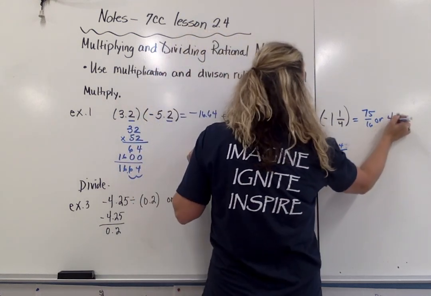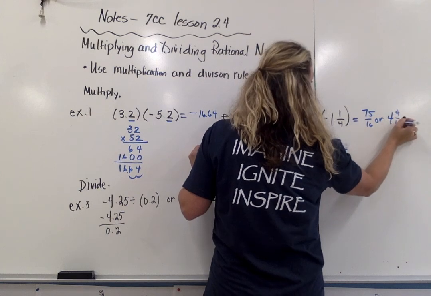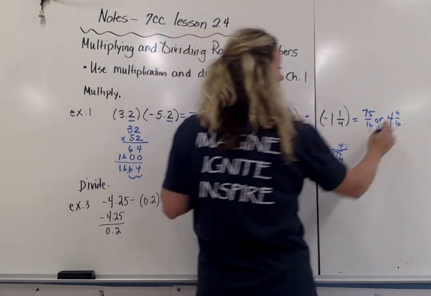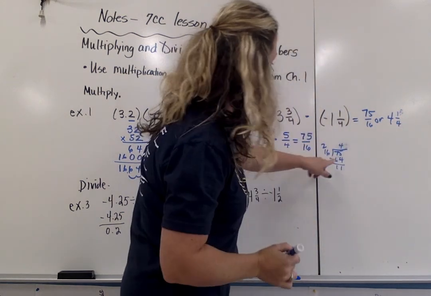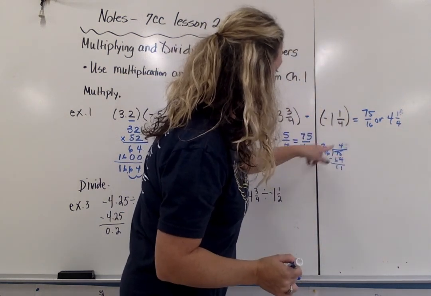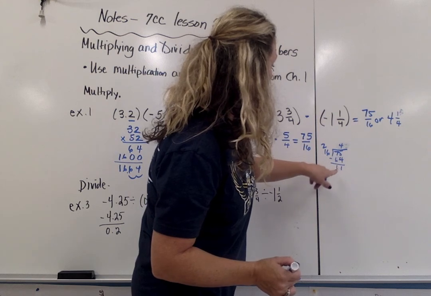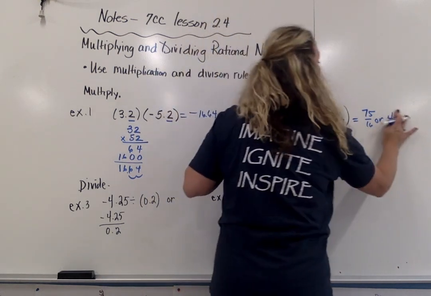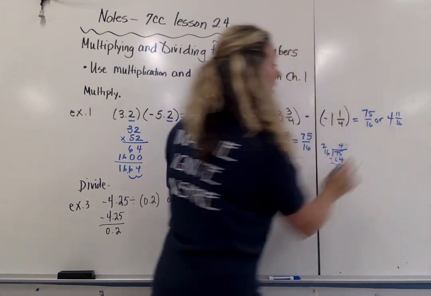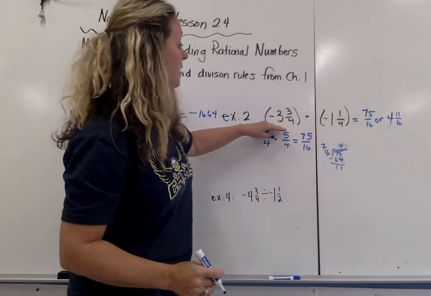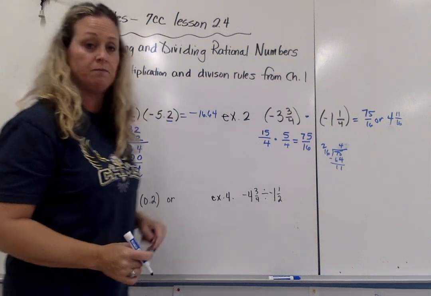So that'll be 4 and 4/16, which is not simplified. So it'll be 4 and 1/4. Let me make sure I did my math correctly. 75 subtract 64 is 11, so it should be 4 and 11/16. Okay. I would accept either one of those. A negative times a negative is a positive.